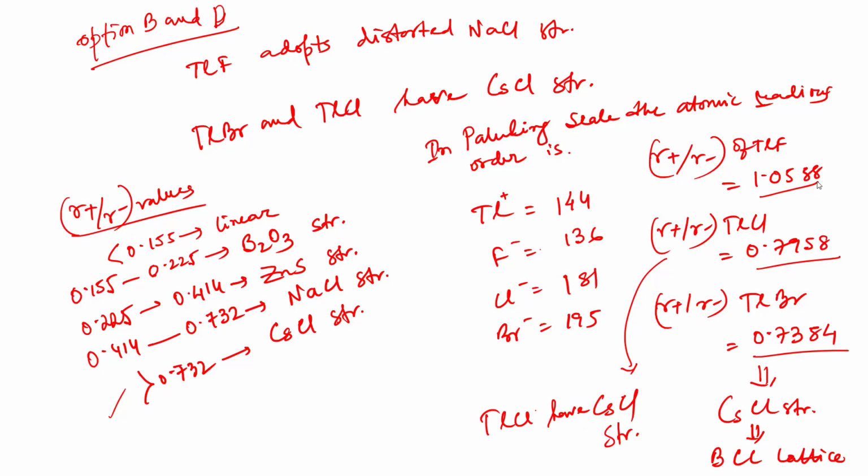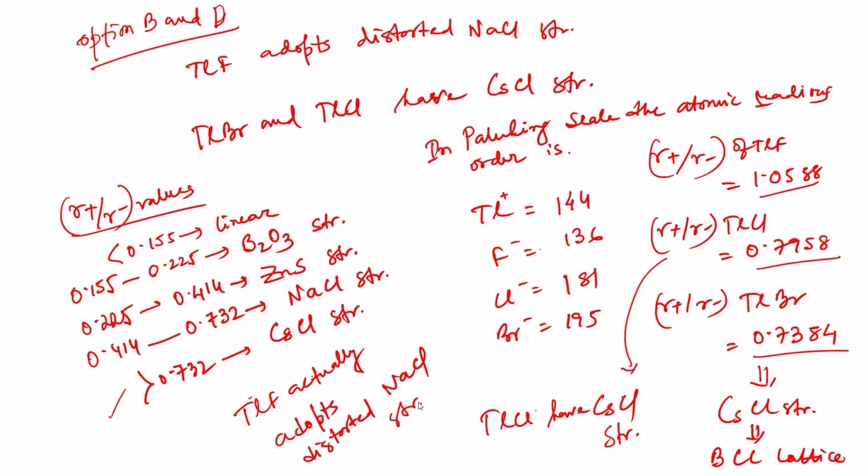Thus, in this case, thallium fluoride adopts a distorted NaCl structure. The only reason is the size of fluorine. If fluorine size is small, in a BCC lattice or CsCl structure the interaction between thallium and fluorine will be less, and packing efficiency also comes in handy in this case.